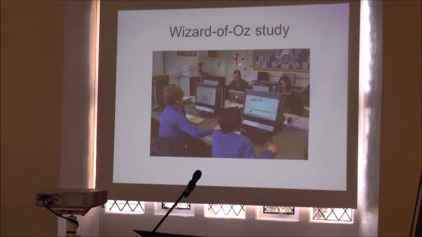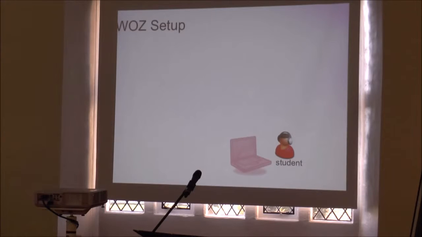In our case, the way we set it up was that students are working with the environment. They have a speech microphone, and the microphone is connected to the wizard, who can hear what the students are saying, but the students don't know that. They think they're working with the system.